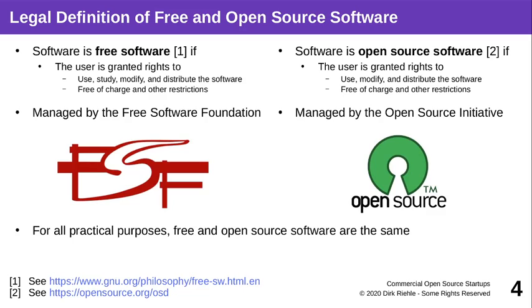If a user has the right to use a piece of software, to modify it, and to distribute that software, distribute it in a modified form even, all of that free of charge and without other restrictions, then the software is open source software.